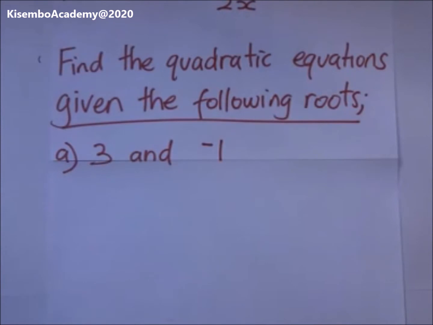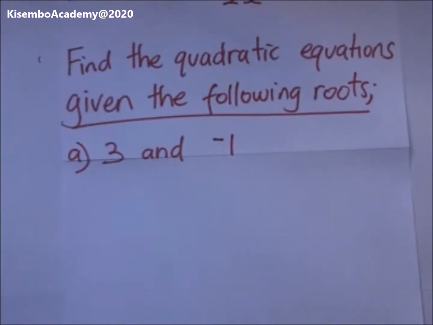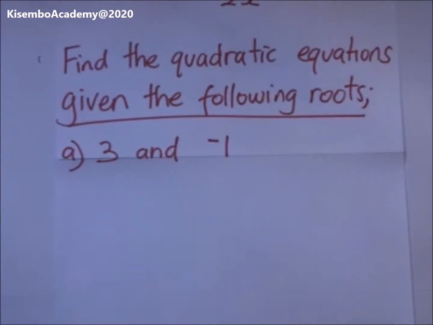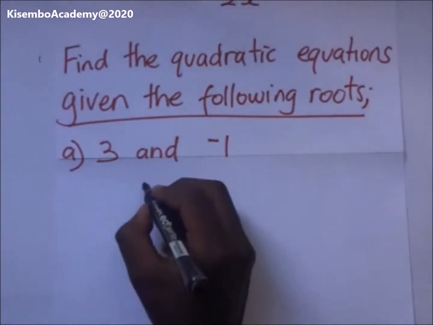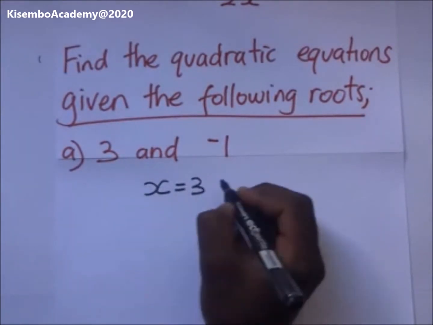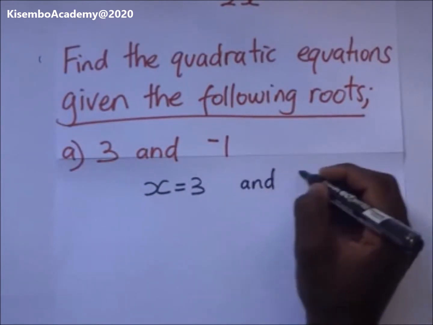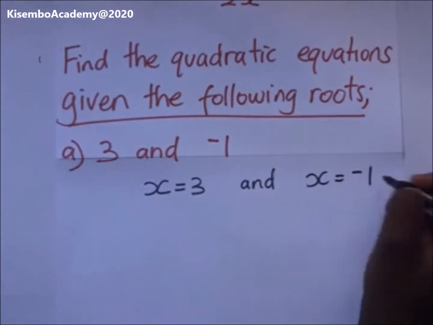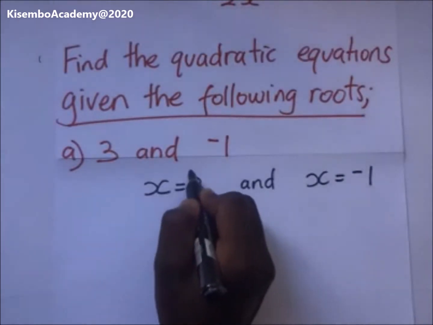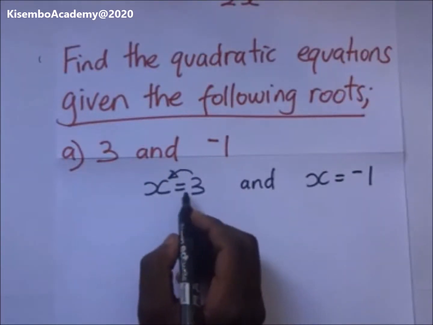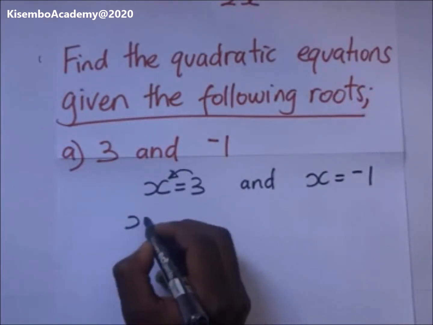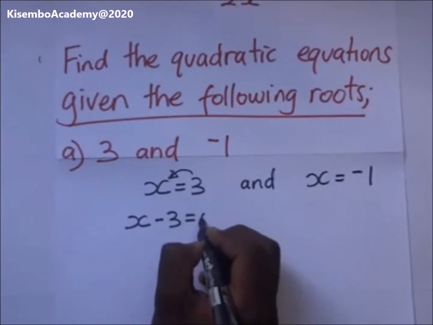So let's find the quadratic equation when the roots of that equation are 3 and negative 1. When the roots of this quadratic equation are 3 and negative 1, it means that at first the value of x was 3 and also the value of x was negative 1. So we shift that 3 back here, and of course when it crosses the equal sign it becomes x minus 3 is equal to 0.